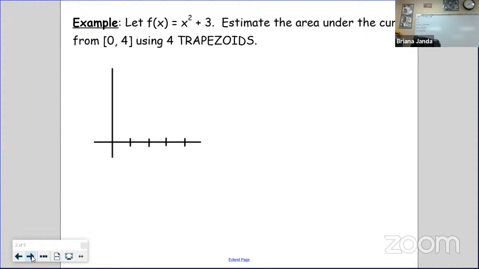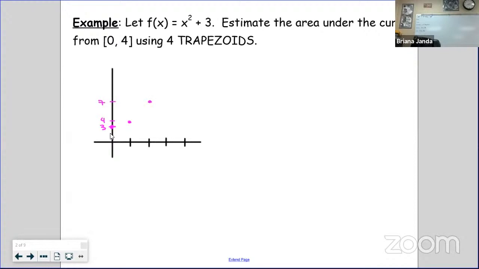estimating the area under the curve from 0 to 4 using trapezoids, if we look at that curve from 0 to 3, we can draw it pretty accurately, since I can just plug in some points. 0 squared is 0 plus 3, so up at 3. 1 squared is 1 plus 3, so up at 4. 2 squared is 4 plus 3 is 7.